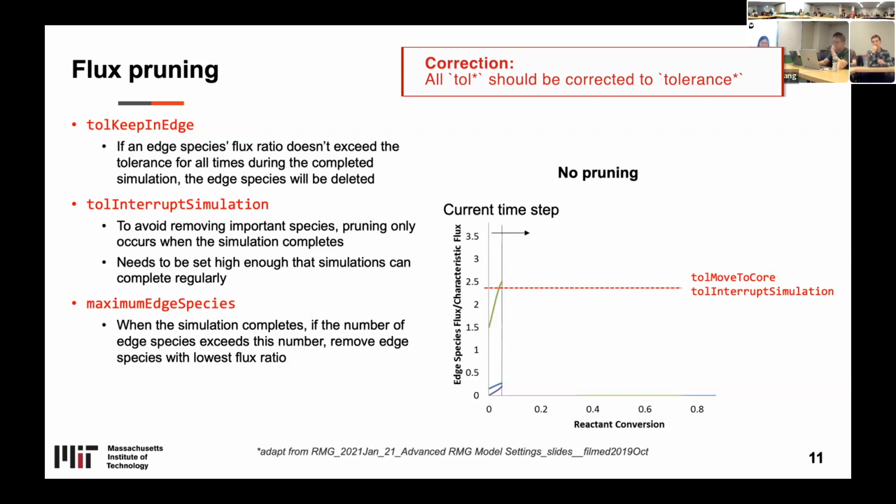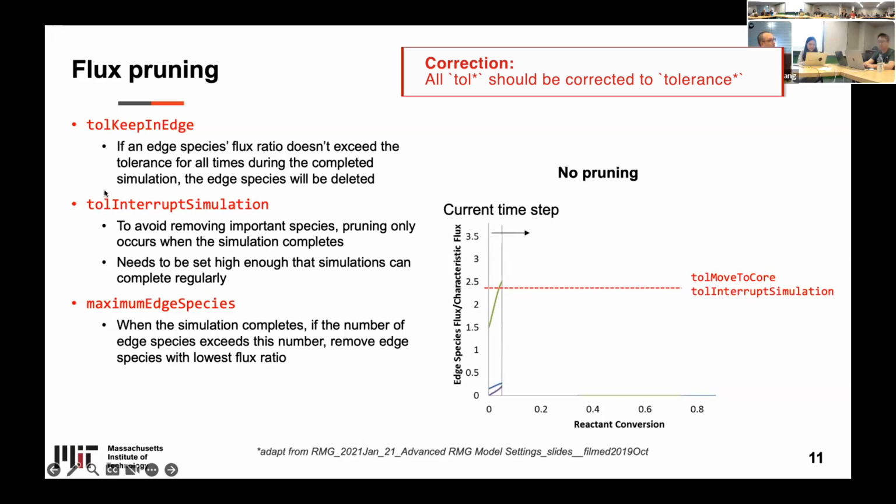First, it will check how many edge species you have. If it's larger than maximum edge species, it removes species from the smallest flux first until they reach this number. And it will also check whether there are edge species that have a flux ratio lower than this parameter and remove those.